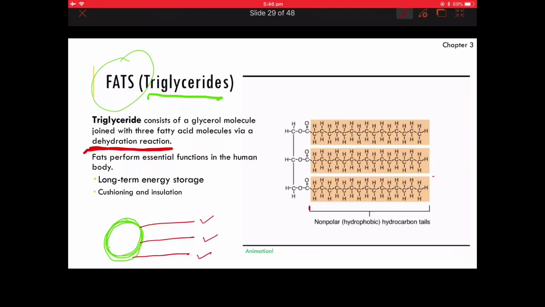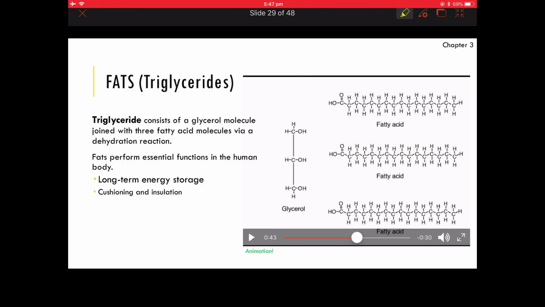Now this side is non-polar يعني كاره للماء, hydrophobic, and this side is hydrophilic. Fats or triglycerides have essential functions in the human body. So they function as a long-term energy storage, يعني يحفظ الطاقة إلى مدى طويل. Also, it helps in cushioning and insulation.